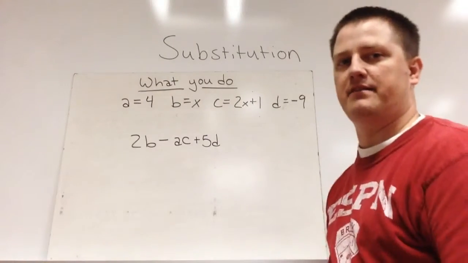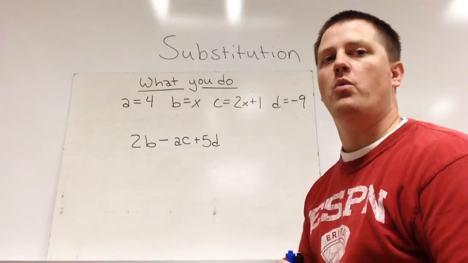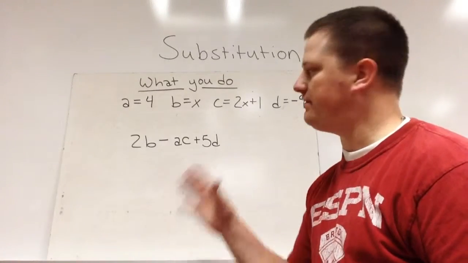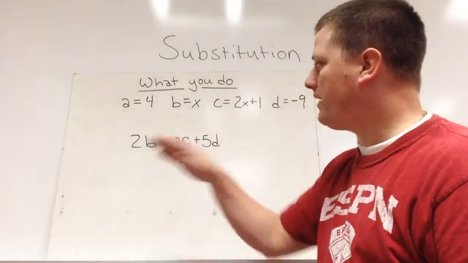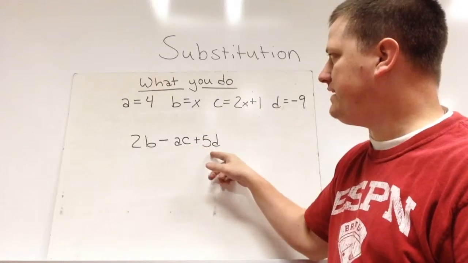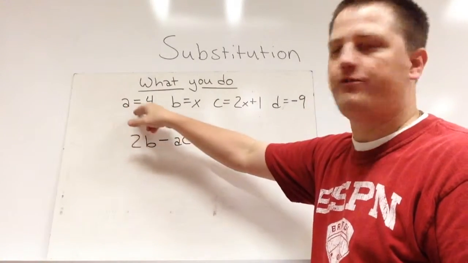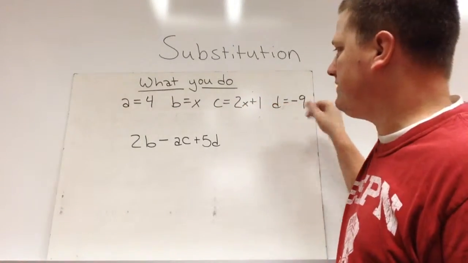So here I have an example type of problem that I'm going to just show you some of the things that can happen. We're not going to get as in-depth as this gets, but we will look at some of these basics. So what I have is a math problem: 2b minus ac plus 5d. And I know that a is 4, b is x, c is 2x plus 1, and d is negative 9.